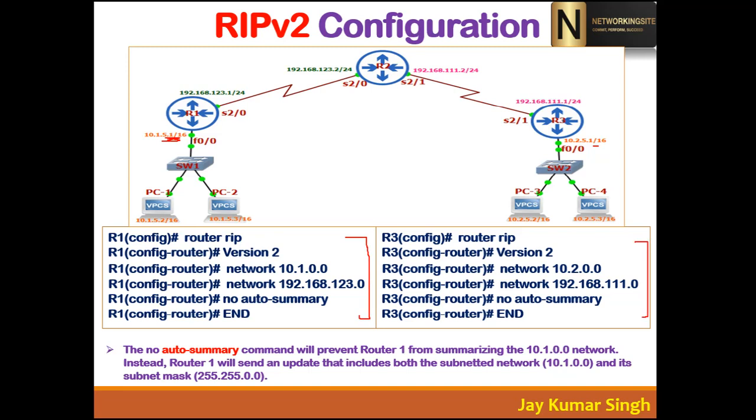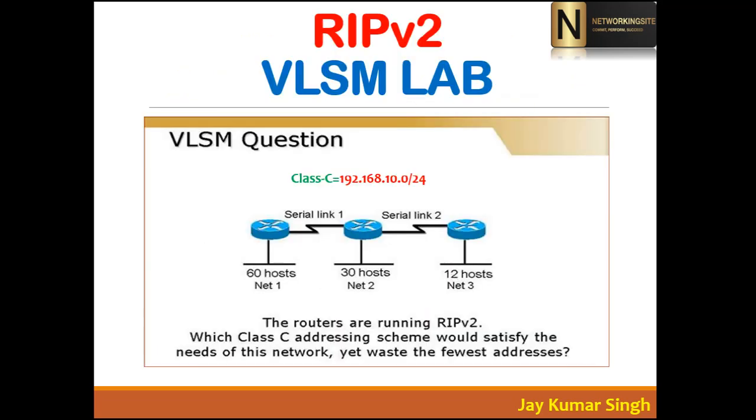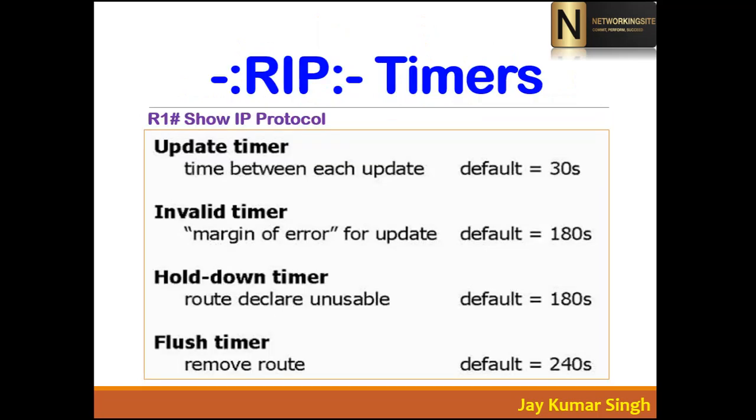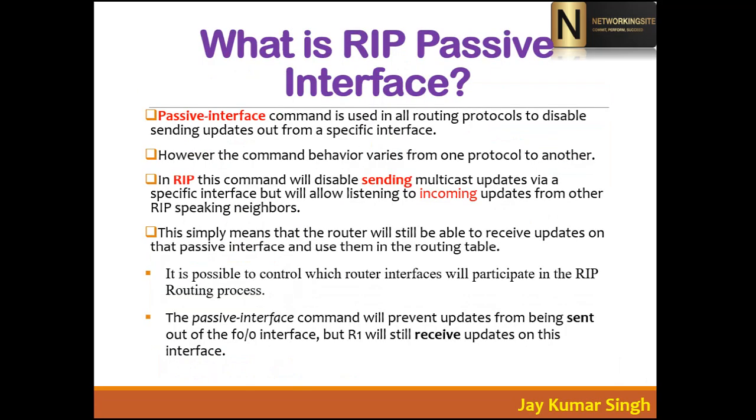We will talk more about RIP version 2 in our next classes, because we have around 50 to 60 slides on RIP and we are only up to 20, so we have to move on to others. You can see here: what the auto summarization command is and why we use it, subnetted networks, VLSM labs, then timers and optimization.